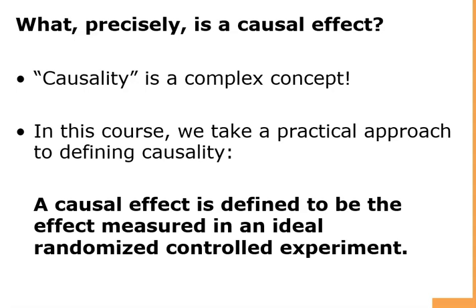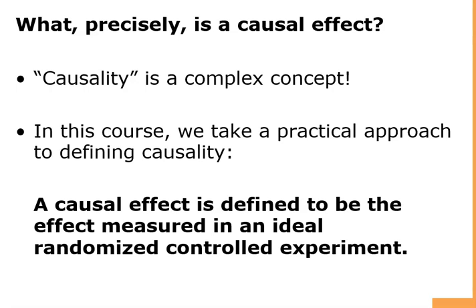But in order to get at true causality, it can be defined to be the effect measured in an ideal randomized control experiment. So remember the distinction that we made in one of the earlier chapters between randomized control trials and observational studies. Most of what we are dealing with in this chapter deals with the case of observational studies.